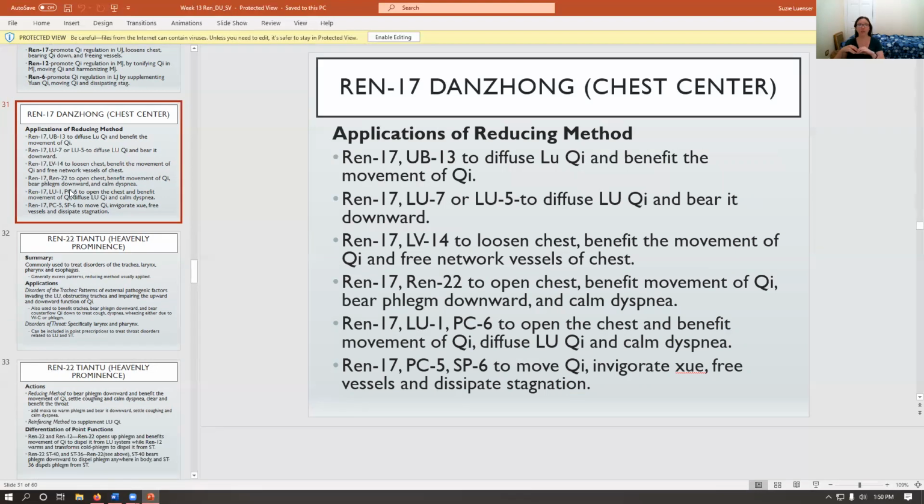With Ren 22, we're going to be definitely working on the upper jiao, but also on phlegm. With lung 1 and PC6, again, we're looking at the lung here, opening up the chest a little bit more since we have the front mu of the lung in there. And then with PC5 and spleen 6, that's going to be moving qi and moving blood.